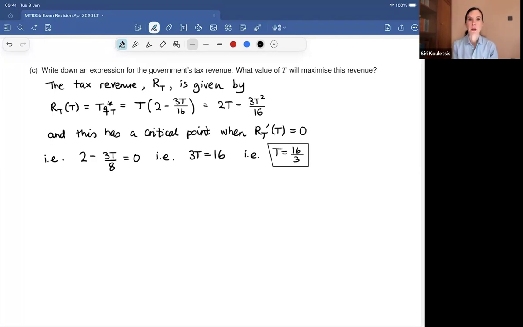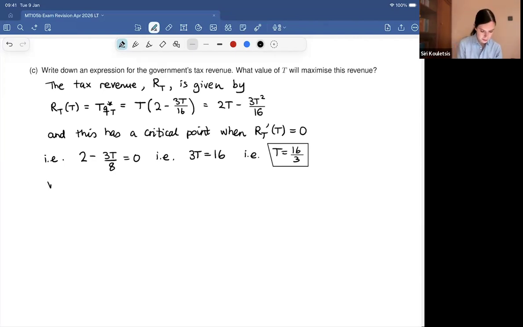But we want to make sure to argue that it is a maximum, and not only a local maximum, but of course a global maximum. Now we know what the shape of the graph of the revenue function is. Of course, it's a quadratic, an upside down parabola like this.